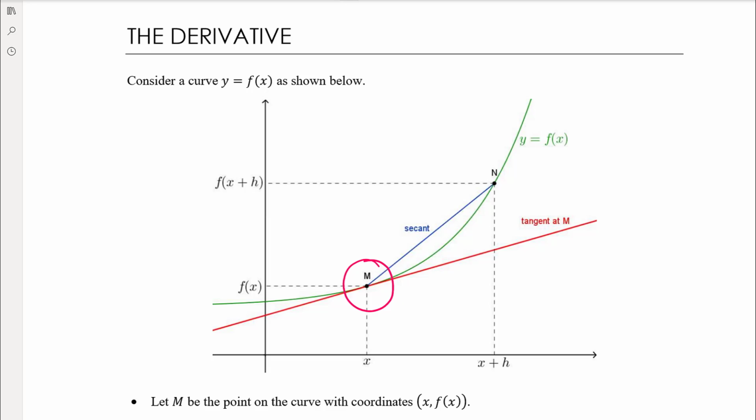Definitionally, a tangent is a straight line that has the same gradient as the curve at the point where they meet. Okay, so the gradient at this point M, the gradient of the green curve, is equal to the gradient of the red line. Okay, those two things are equal.